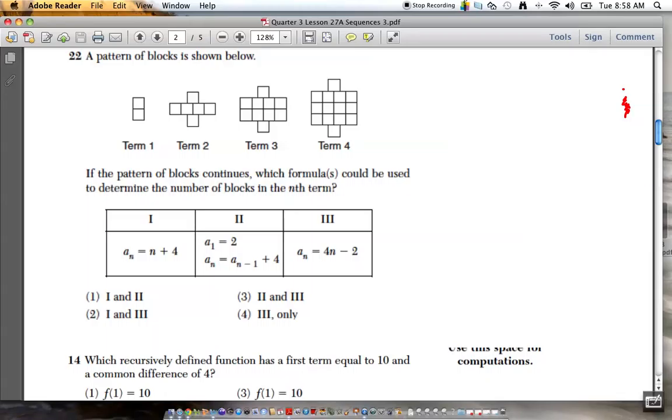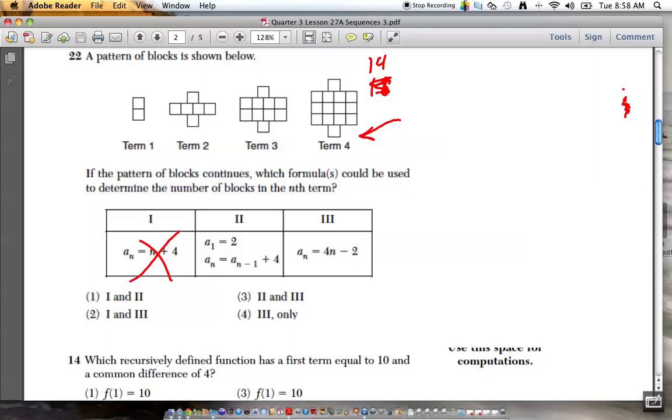So let's plug in the terms and see. This is term 4. How many blocks are in term 4? Not 16 or 18, there's 14 blocks. 3 rows of 4, which is 12, plus 13, 14. Now, if I plug in a 4 here, do I get 14? No. It says n plus 4, that would be 8.